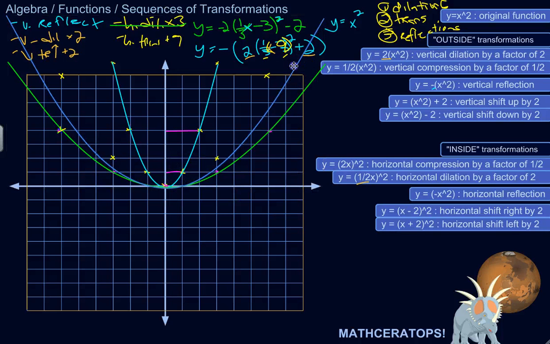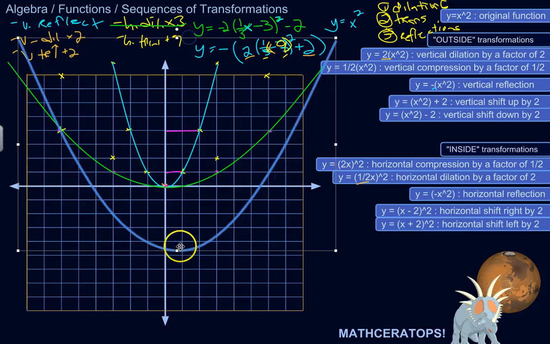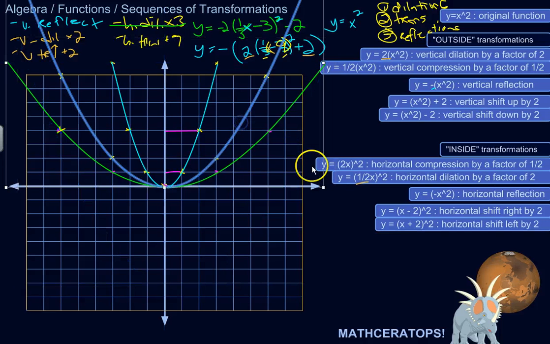I need to scoot it down so I have room to stretch it more. Is that it? Oops. Yeah, there we go. Just making sure we hit our new points. Okay, so we did our vertical dilation.